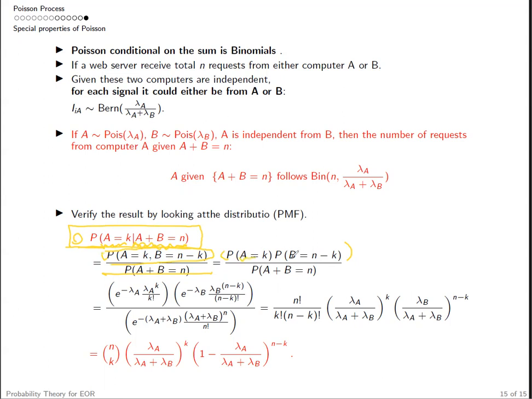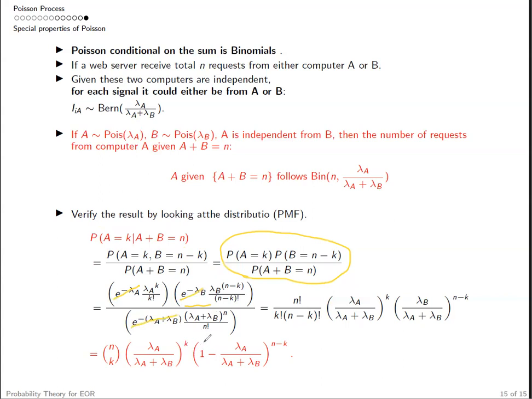Now we have A, B, and A plus B. Those three random variables all follow Poisson distributions with different arrival rates, and we already know the PMF of a Poisson distributed random variable. So we just plug in the values here and here. The e to the power of lambda A and e to the power of lambda B cancel with the term here.